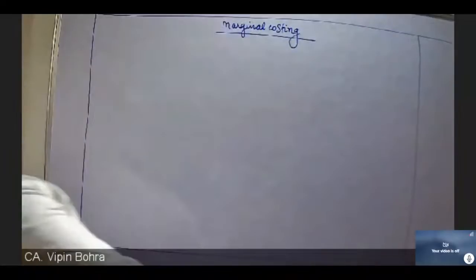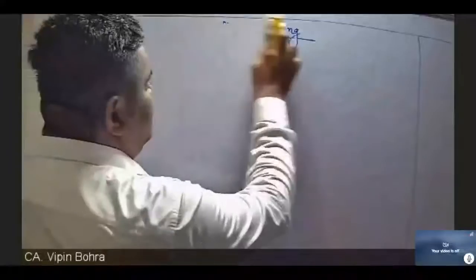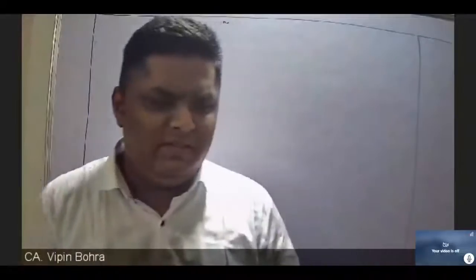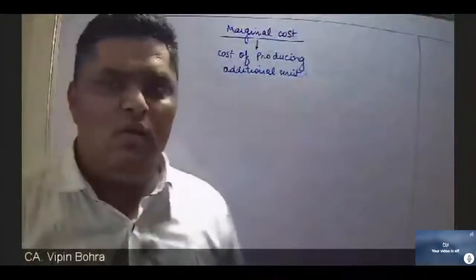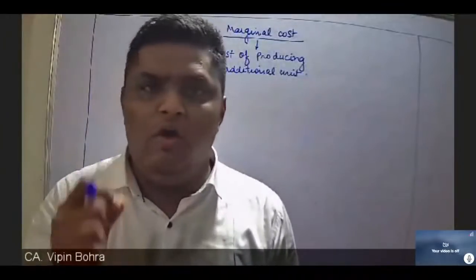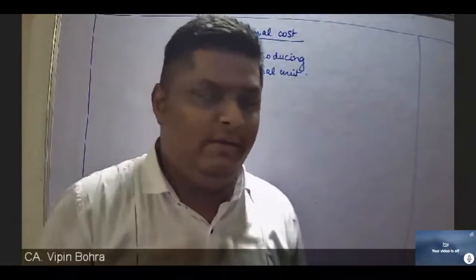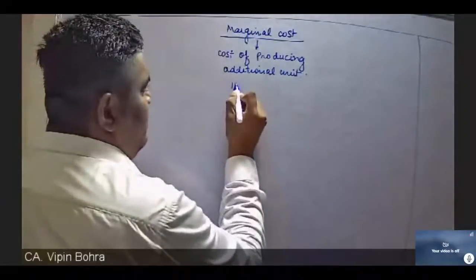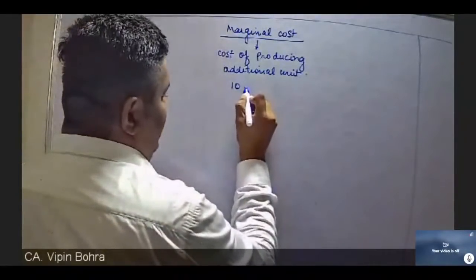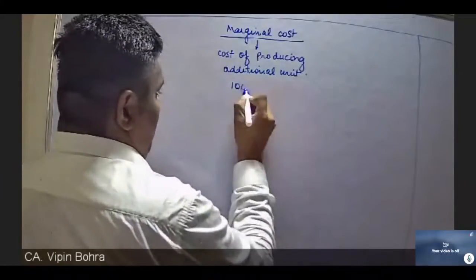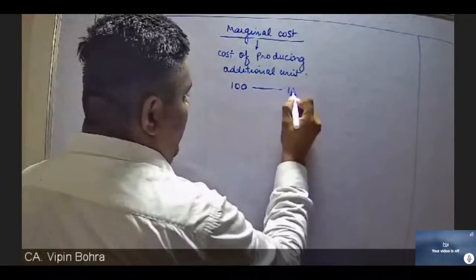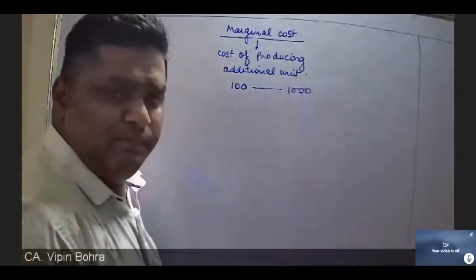Before starting with marginal costing, I would like to discuss a few important concepts. What is marginal cost? The cost of producing an additional unit. Suppose I've produced 100 units and the cost is 1000.